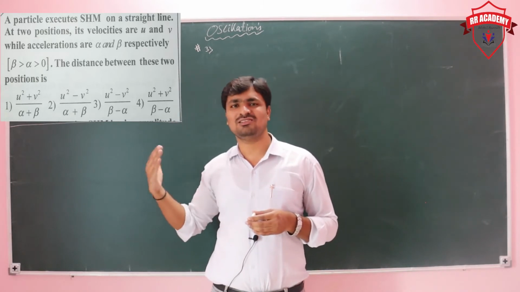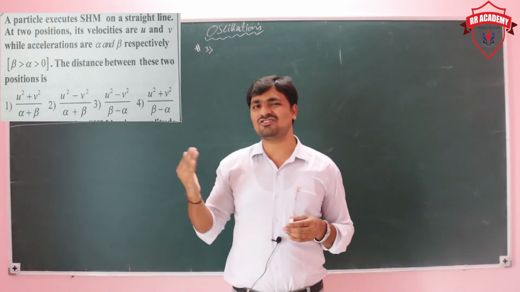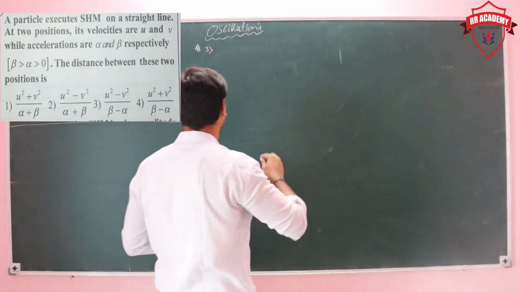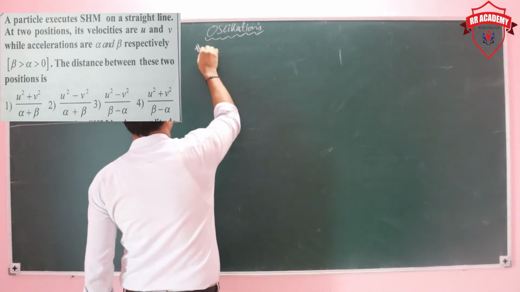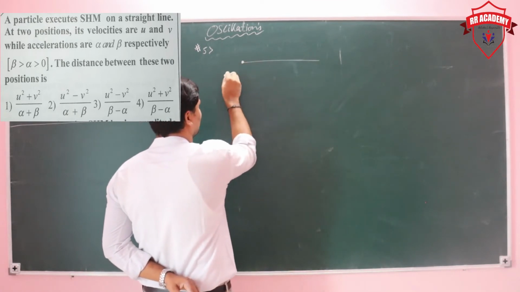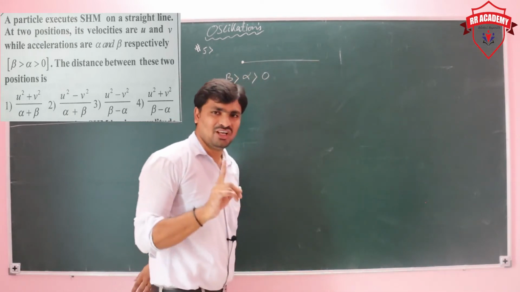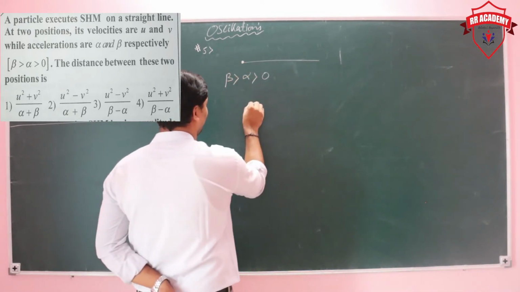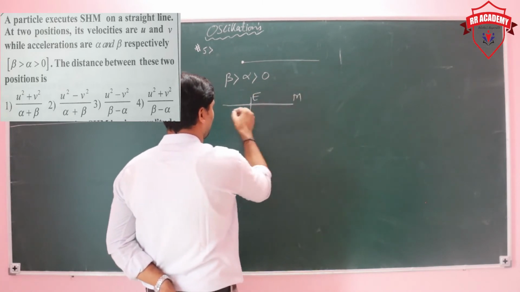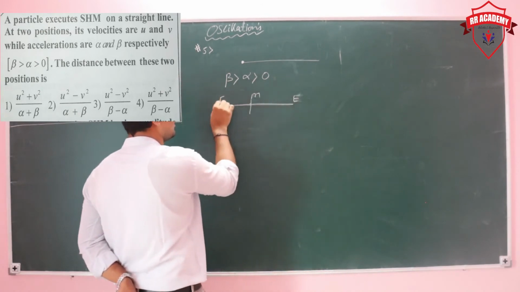And alpha is greater than 0 — what is the meaning of that? You have to understand that both accelerations are on one side. That is most important here. This is question number 5. Generally we take this as the equilibrium position, the mean position, and these are extreme positions.